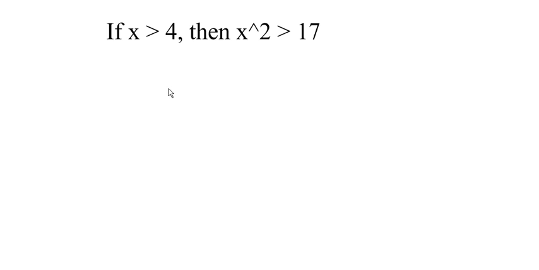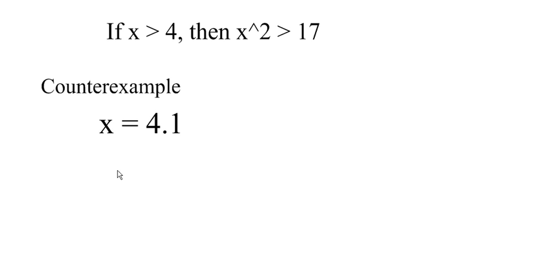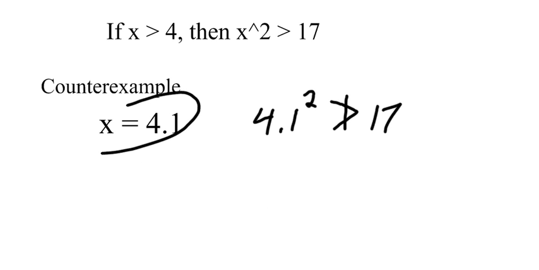This is an example of a conditional statement that can be proved false with a counterexample. We could say, here's one counterexample. If x is equal to 4.1, we know that 4.1 squared is not greater than 17. Or in other words, it's less than 17. So this counterexample shows that this statement is false.